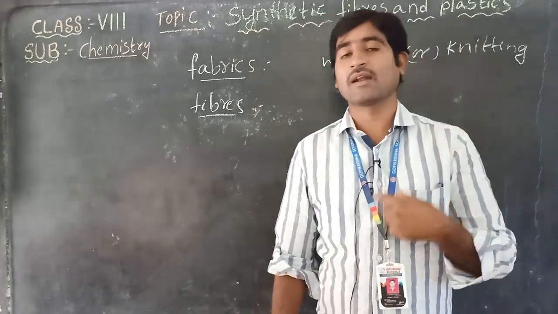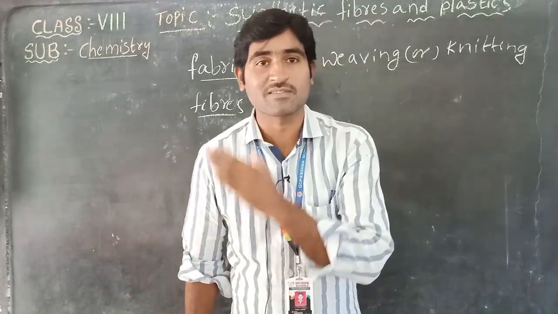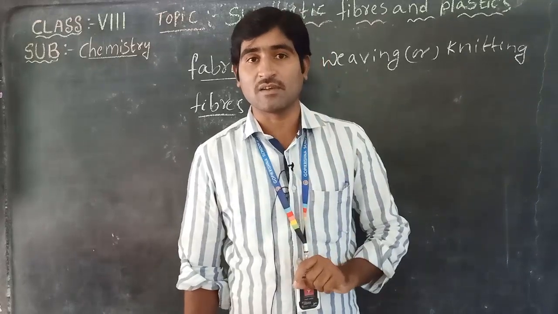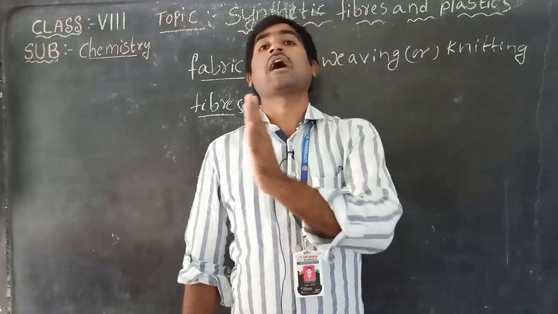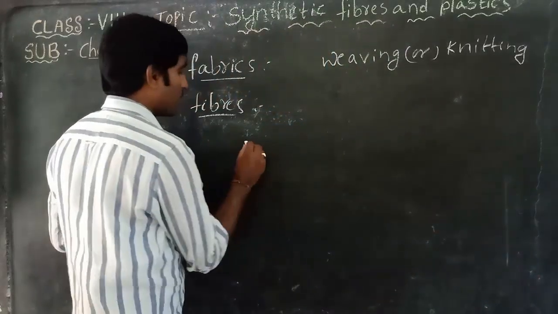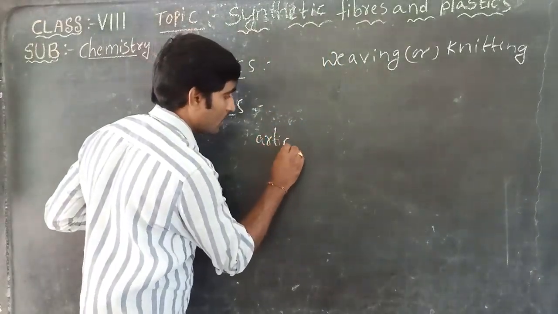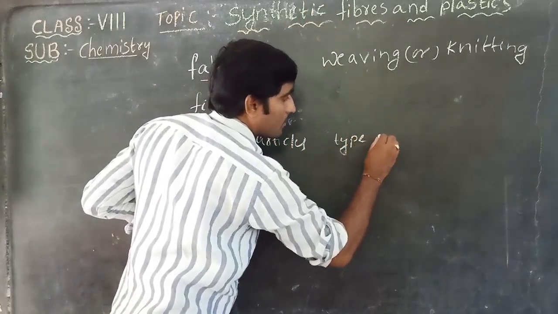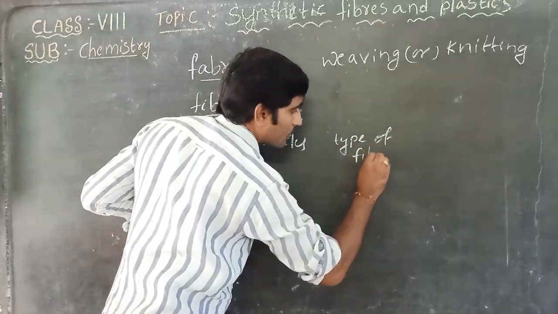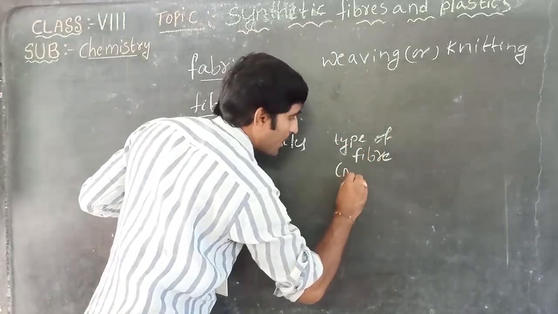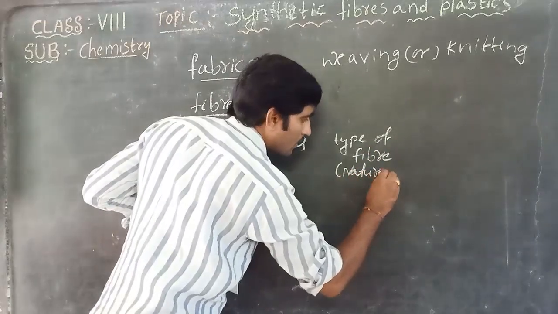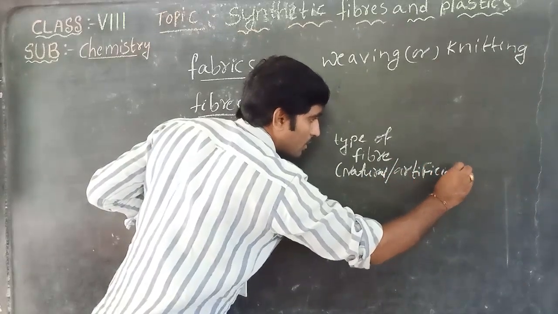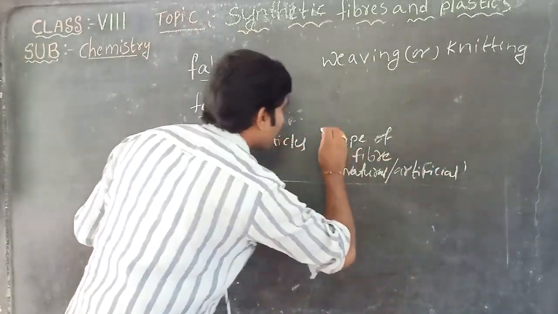After writing, you have to separate the articles based upon the type of material used to prepare them, either natural fiber or artificial or synthetic fiber. For example, write some articles.